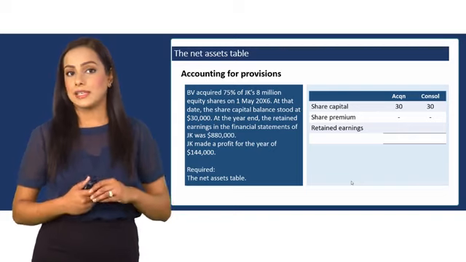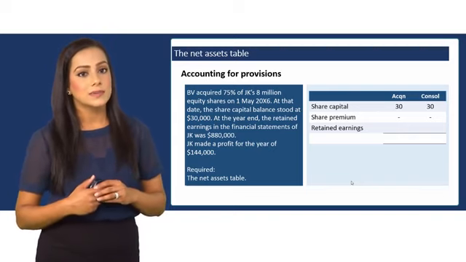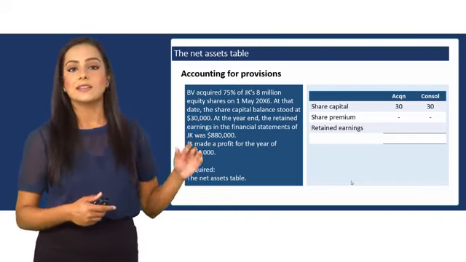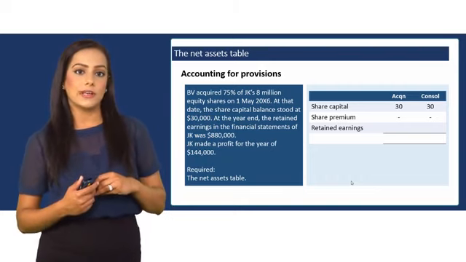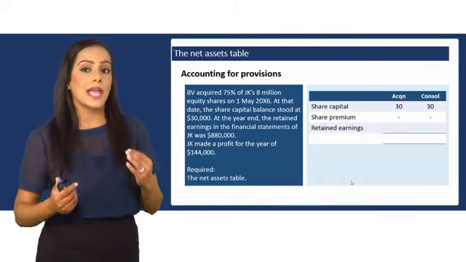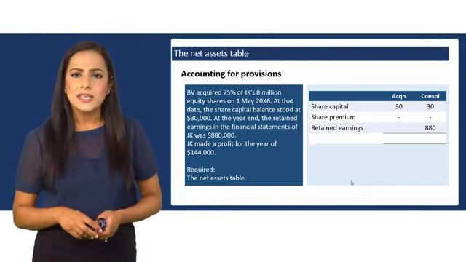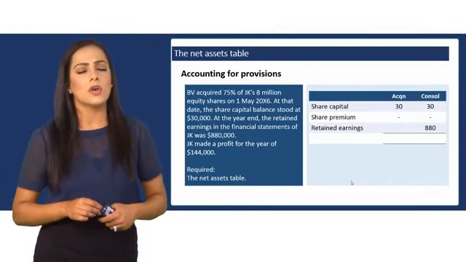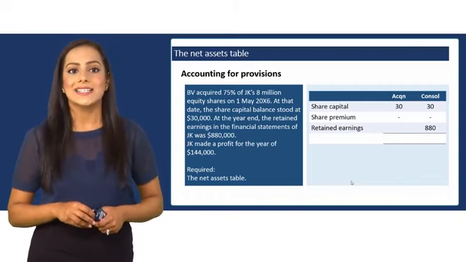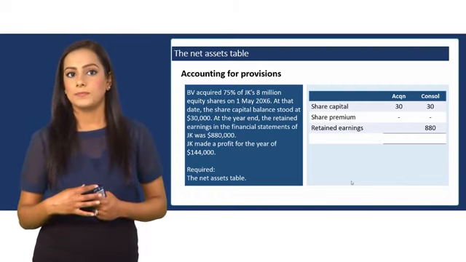Now we move on to retained earnings. We're told specifically that at the year end, the retained earnings in the financial statements of JK was 880, so we can place that there. But what is the retained earnings of the subsidiary at acquisition?